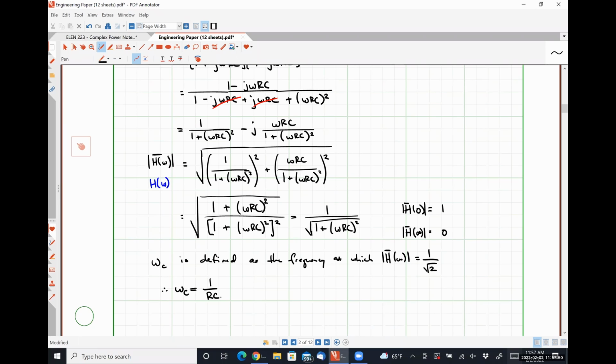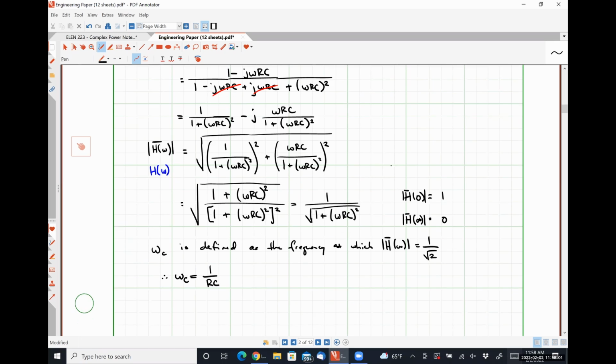The only thing left to figure out about this particular circuit is its phase response, or how the phase of the signal changes as it gets filtered.